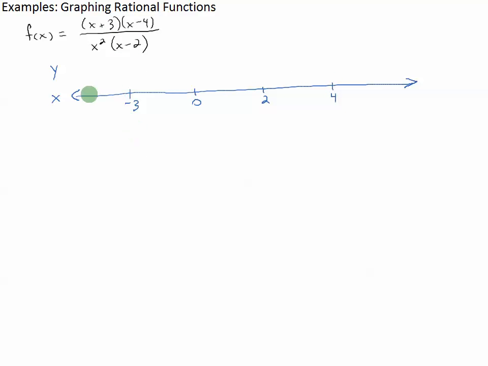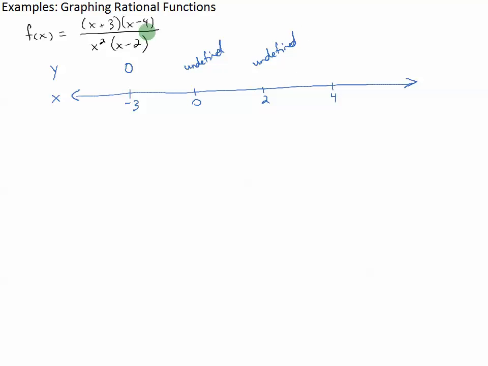Let's see what happens. If x is -3, the numerator is 0, which 0 divided by anything is 0. So at -3, y is 0. If x is 0, we get 0 in the denominator, which is undefined. Okay? If x is 2, we get 0 in the denominator, so it's undefined again.